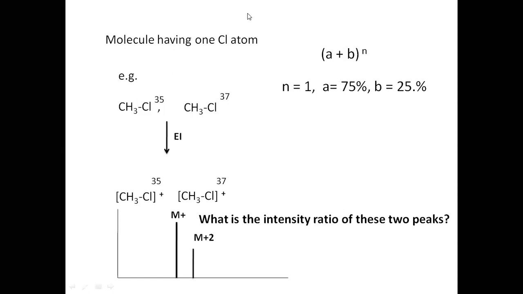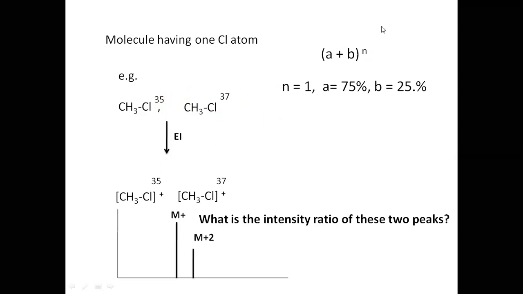For this CH3Cl, we have two chlorine isotopes, 35 and 37. A is the percentage of the lighter isotope and B is the percentage of the heavier isotope, so 3 is to 1. n is the number of atoms of the element we are discussing, chlorine.